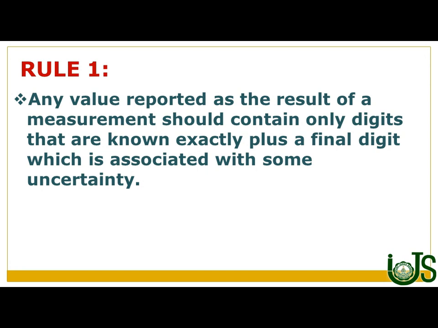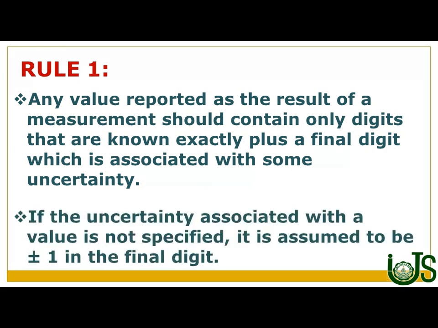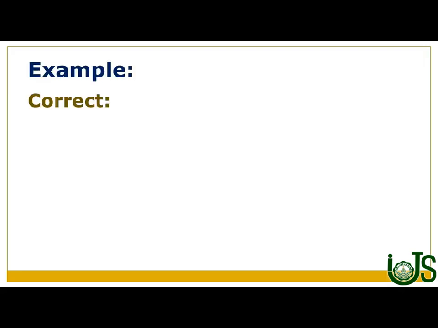It means na kung ano talaga ang exact number of decimal places reported in the measured value provided, yun talaga ang dapat sundin na number of decimal places sa final answer, together with its known uncertainty. But if the uncertainty is not yet specified, it is assumed to be in a positive negative 1 in the final digit.